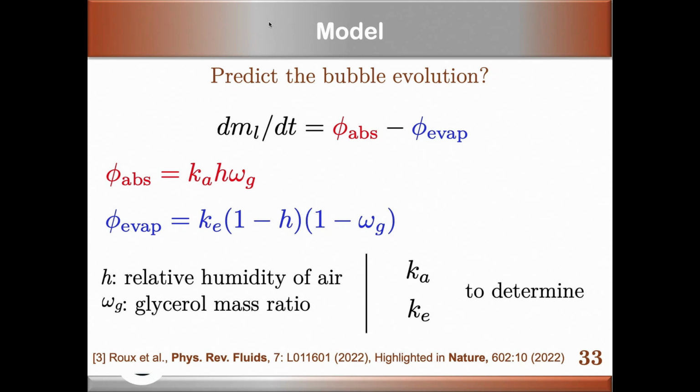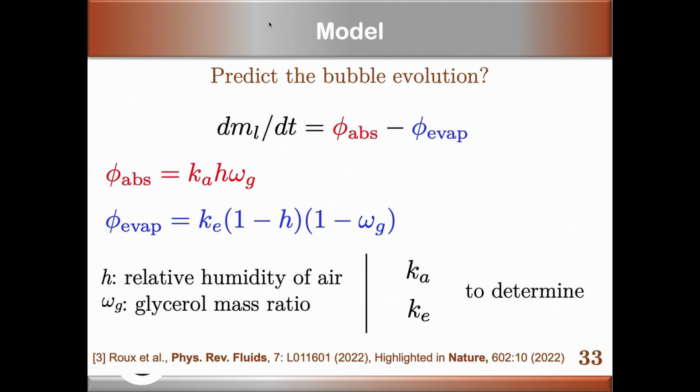Okay, so the point is, can you predict the bubble evolution? Well, we made a very simple toy model. So basically, we just say that the evolution of mass of our bubble is the absorption of the liquid due to the glycerol, minus the evaporation. And basically, your absorption will be proportional to the humidity, so the quantity of water that you have in air, and will of course also be proportional to the glycerol concentration.